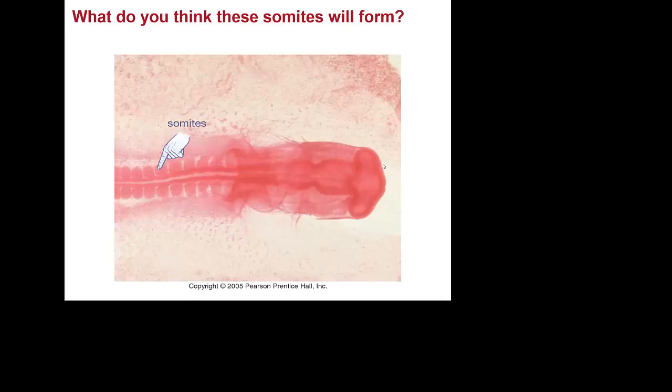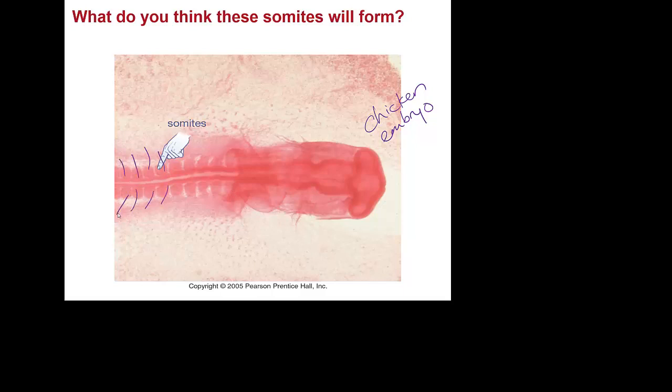Here's a chick embryo, very early in development. So a chicken embryo. And you see the somites, this is from the dorsal side, so looking down on the back. If you were lying on your stomach and someone was looking at your back. These somites come off in pairs, as you see.